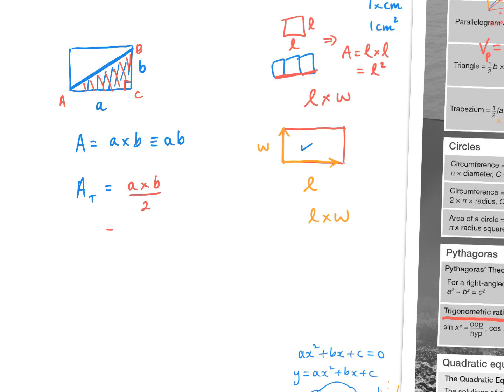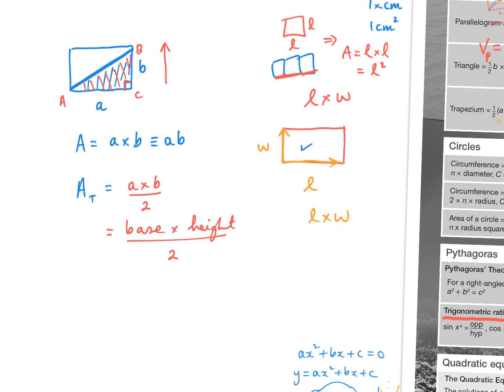So one way of thinking about it is base times height, and the height's really important. It's got to be one that's at right angles, all divided by 2. So base times height all over 2.